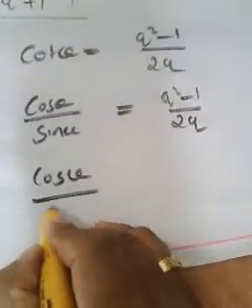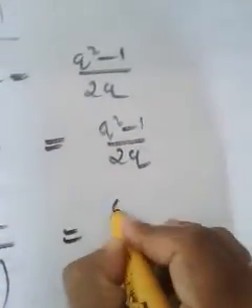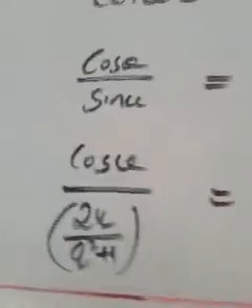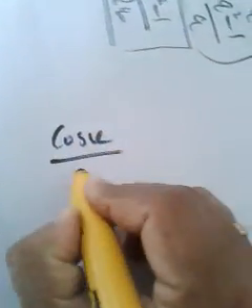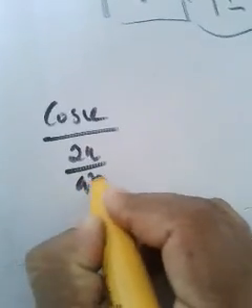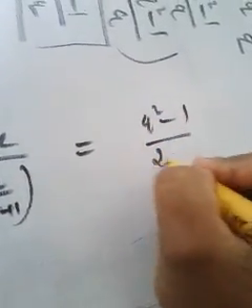Right side is as it is, q square minus 1 by 2q. You may have understood, isn't it? Okay, so now we reached this much: cos theta by 2q by q square plus 1 is equal to q square minus 1 by 2q.